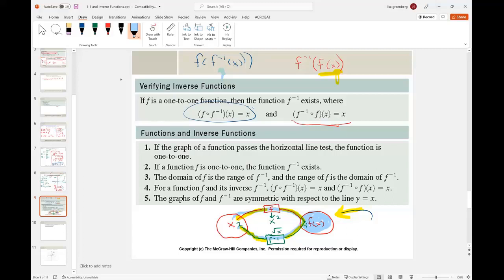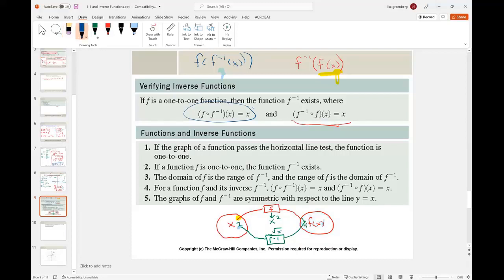Kind of. So for the first one, where it says verifying inverse functions, basically you're doing the inverse of f of x, and then you take that and put it back into f of x. Yes, because this is a composition.